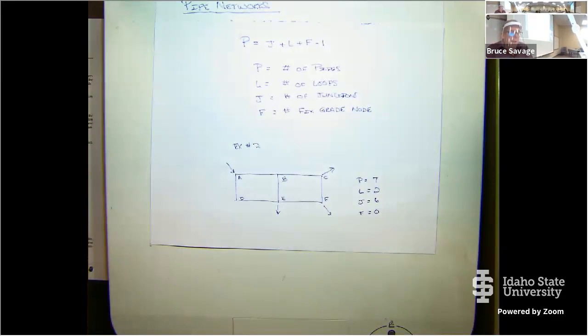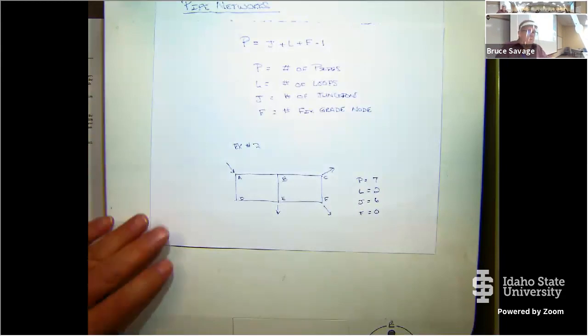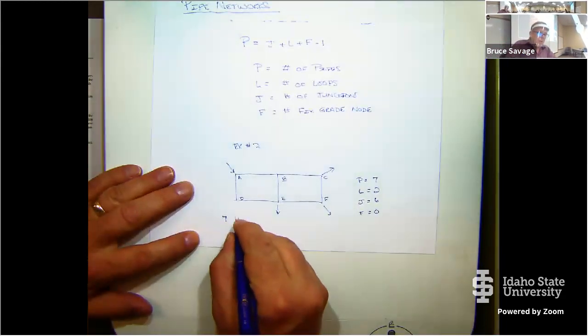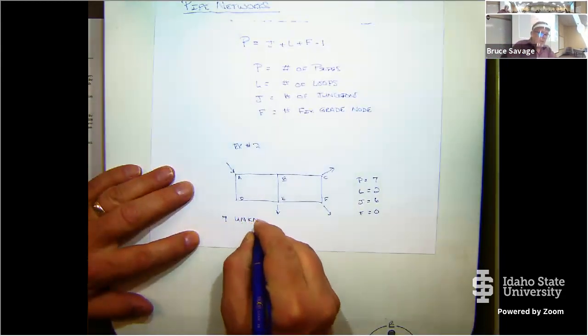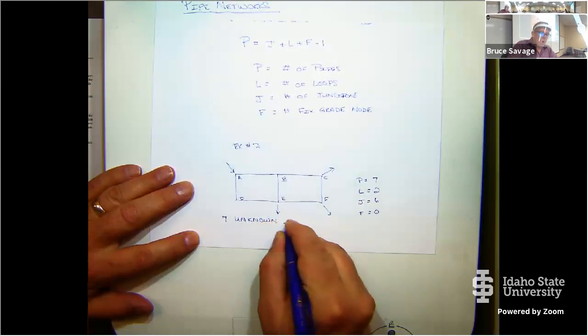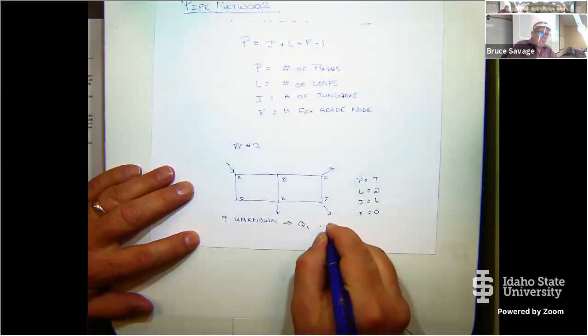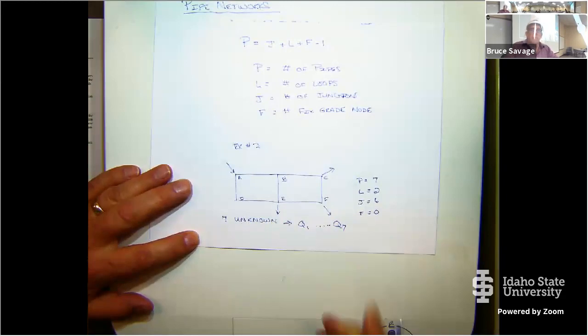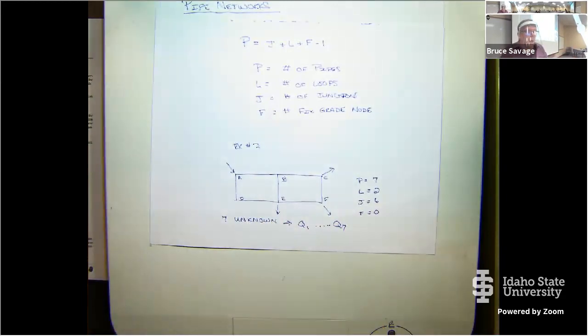However, in this particular case, we would ask, what are our equations available to us? Well, I have 7 unknowns, and my 7 unknowns are Q1 all the way to Q7, the flow rate in every pipe.